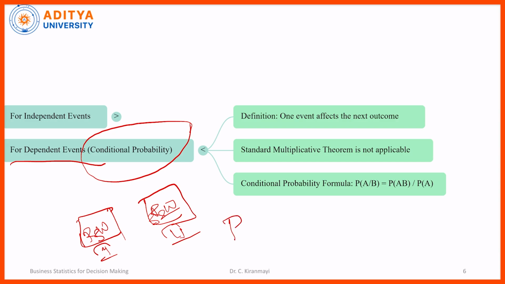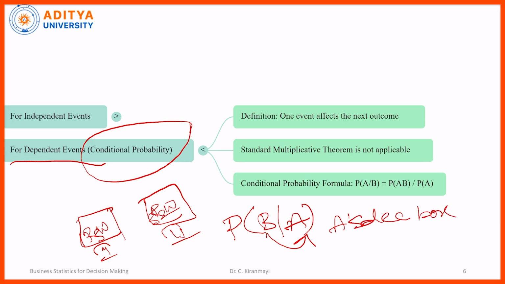So, the conditional probability is represented as P of B given A, that is, B is directly dependent upon A. Here we can define event A as selection of the box and B as selecting a white ball.